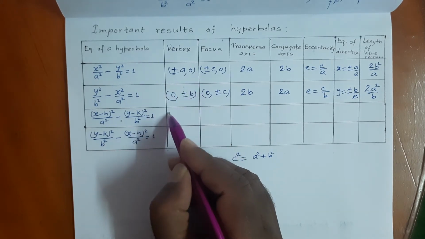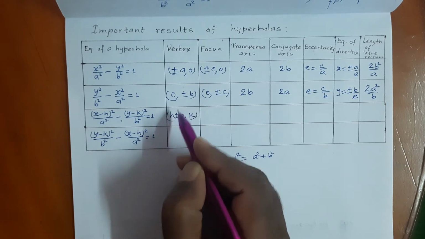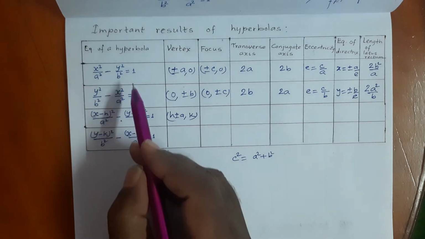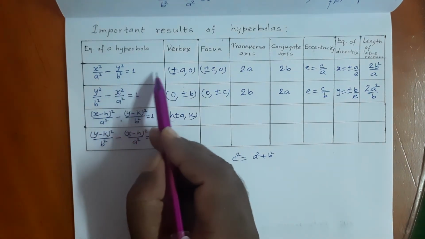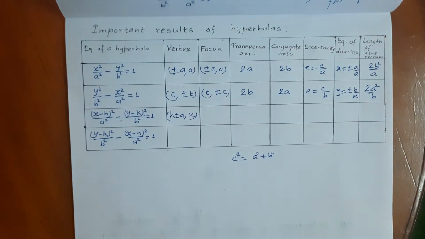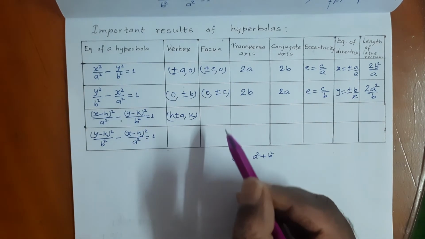That means coordinate of vertices will be h plus minus a, k. Simply by adding h, k in this equation of hyperbola with transverse axis along x-axis, we can get the coordinate of the vertices of the hyperbola with center at h, k and transverse axis parallel to x-axis.